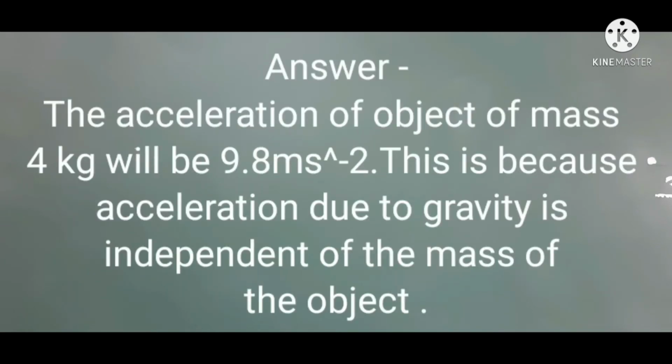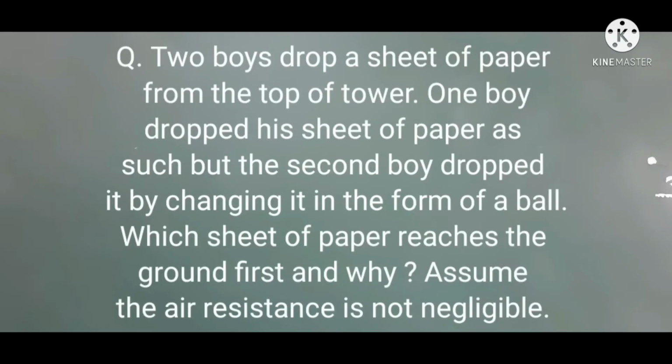Answer: the acceleration of object of mass 4 kg will be 9.8 meter per second square. This is because acceleration due to gravity is independent of the mass of the object. Next question.